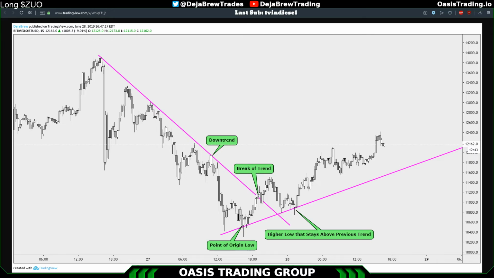When you see that first pullback into that higher low, once that higher low stays above that previous downtrend, that could give you a very good indication that the trend is shifting to the upside. So you have the break of the downtrend, your higher low stays above your previous trend, and then you start to push up.